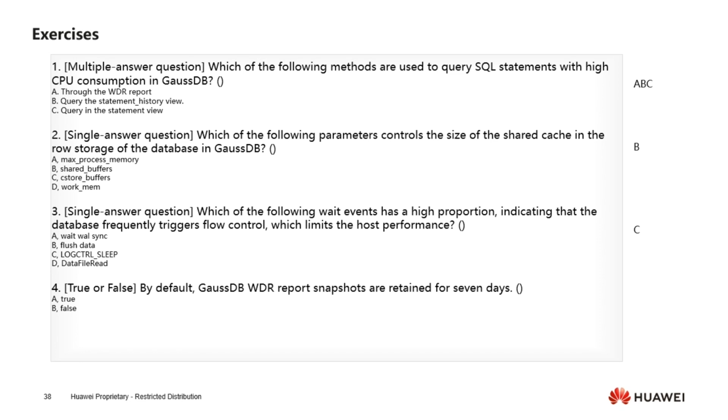And for the final one, it's asking if this is a true statement: by default, GaussDB WDR report snapshots are retained for 7 days. And the answer is B, false. As we can see from the previous slides, they are retained for 8 days by default.